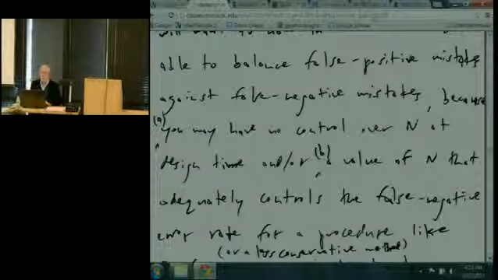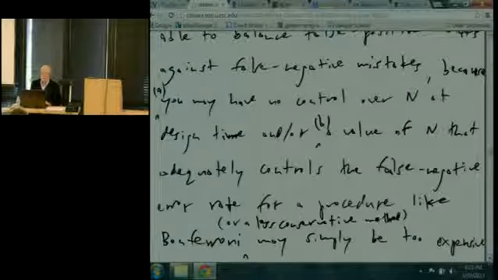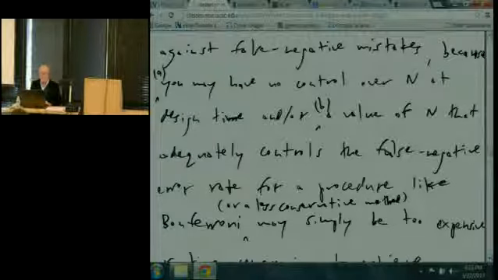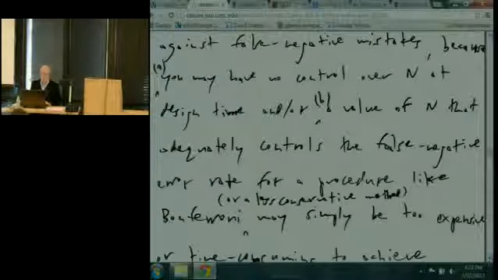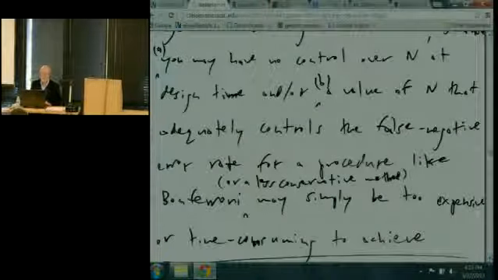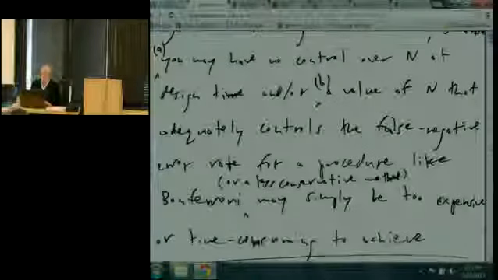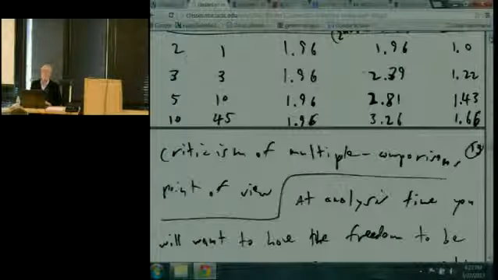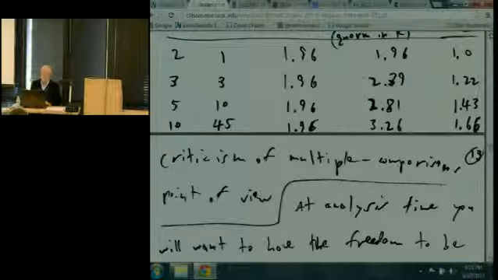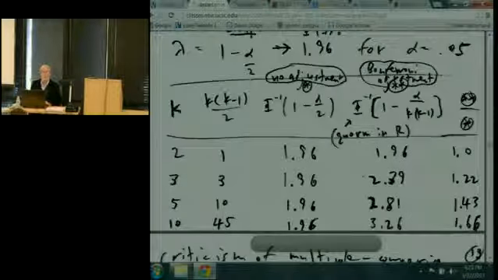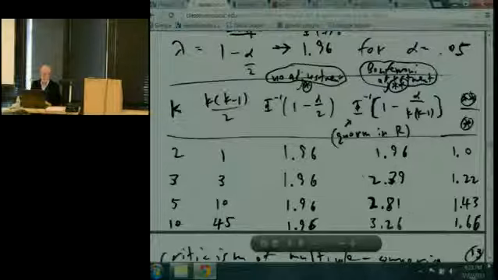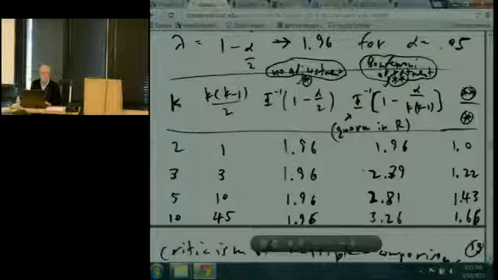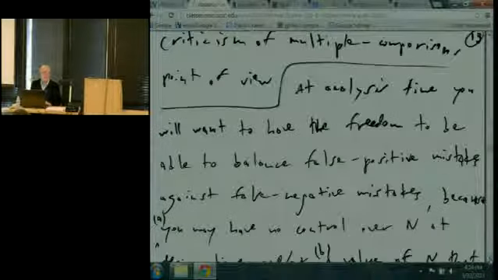And or, item B, a value of capital N that adequately controls the false negative error rate for a procedure like Bonferroni, or even a better method, may simply be too expensive or too time consuming to achieve. And so the standard frequentist thing, which scolds you and says, oh, you should have thought of this at design time and made sure you had enough data so that even with this Bonferroni thing happening, you would be able to find interesting effects with this multiplier that's so much bigger. That's not a very good response to the problem for the reasons I just gave.